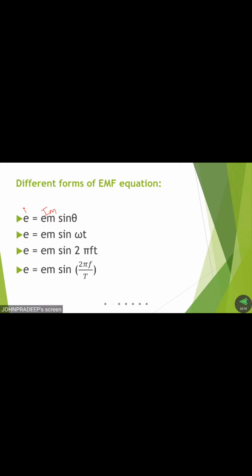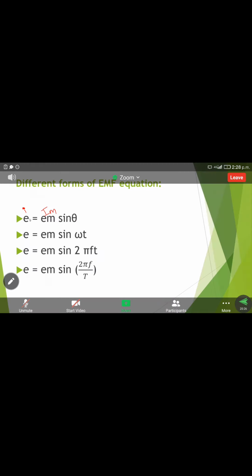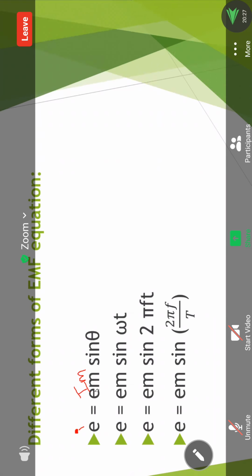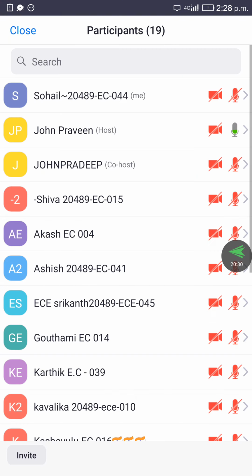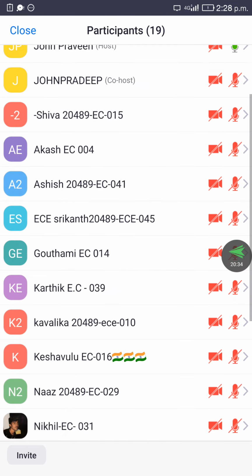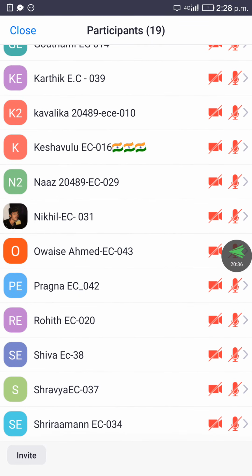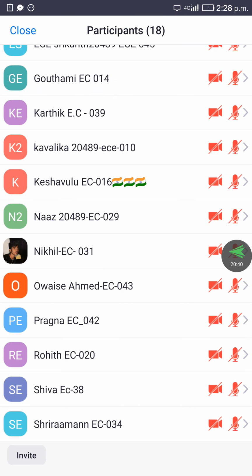This is represented by the small i. DC is represented by capital letters, AC by small letters. So I is equal to IM sin theta, I is equal to IM sin omega t, I is equal to IM sin 2 pi ft. These are the formulas we are using.